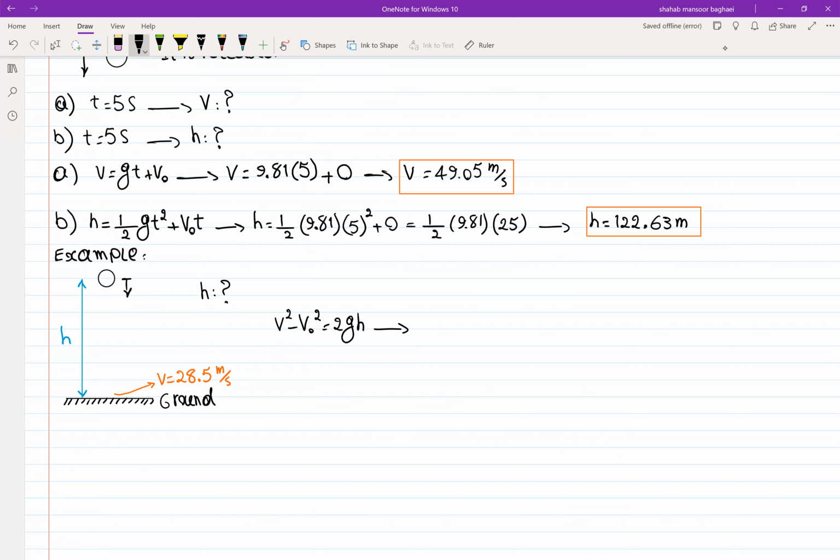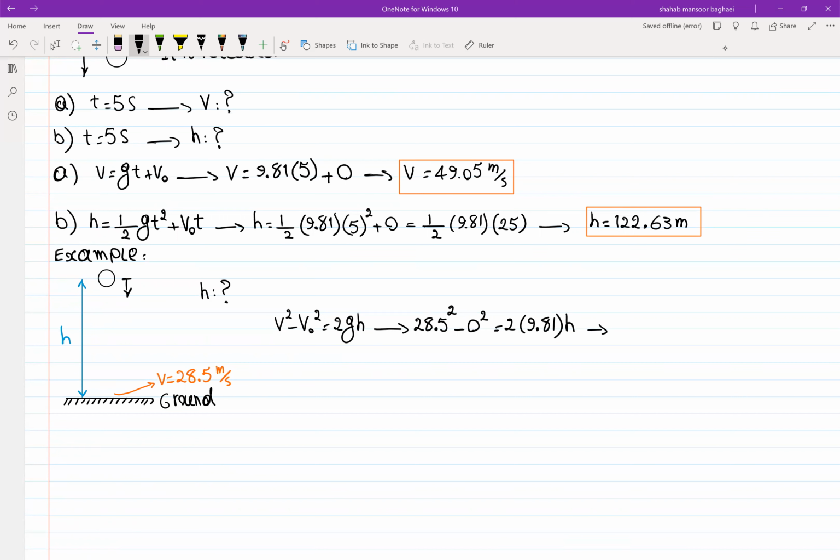What is V? This is the final velocity. That's 28.5 squared, minus V0, you know that's 0, equal to 2 times 9.81 times h.